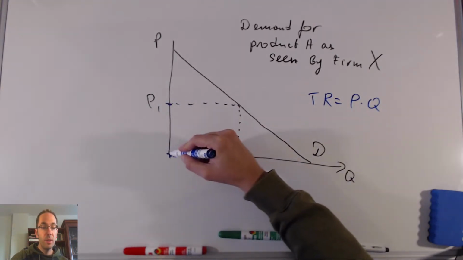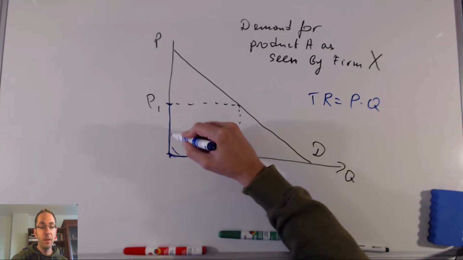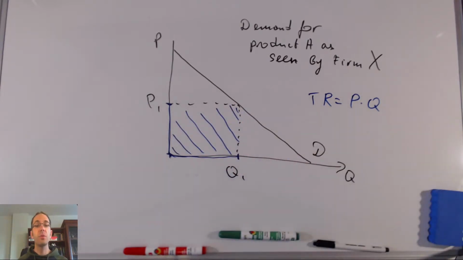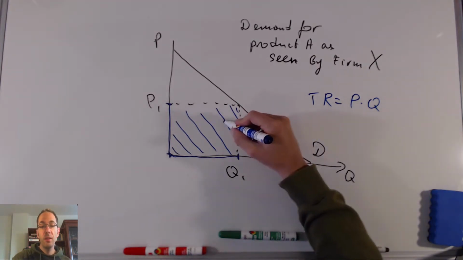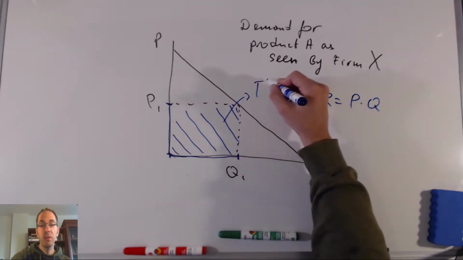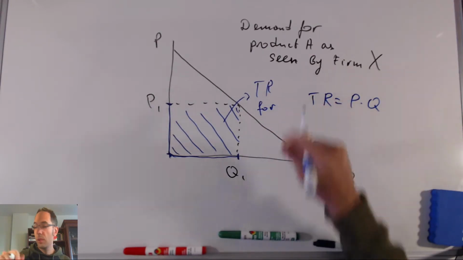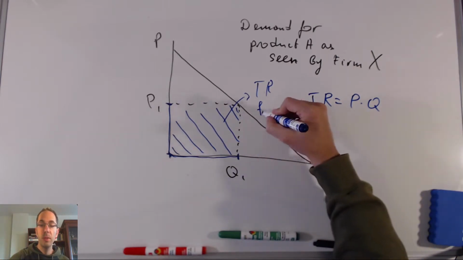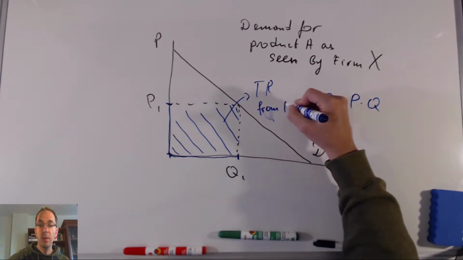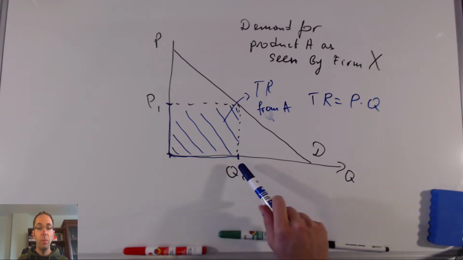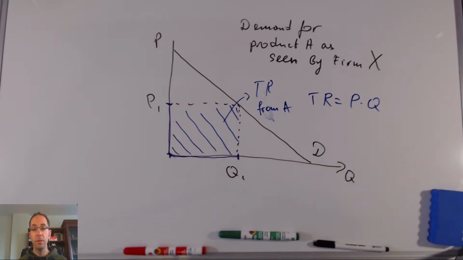So that's the P, and the area of this box would be equal to P times Q, i.e. this box is the total revenue from A. Okay, so this is a total revenue box, and you simply get it as the box that's made from the quantity and the price.